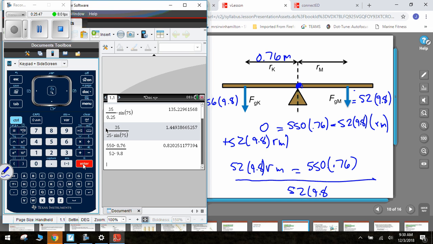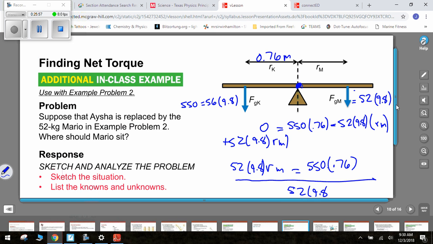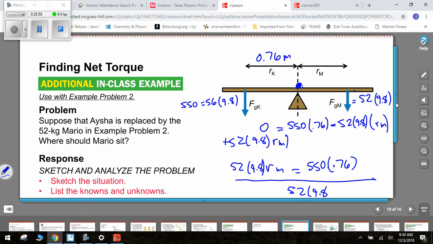And what do I get for my answer? 0.82. So I get that R for Mario is equal to 0.82 meters.